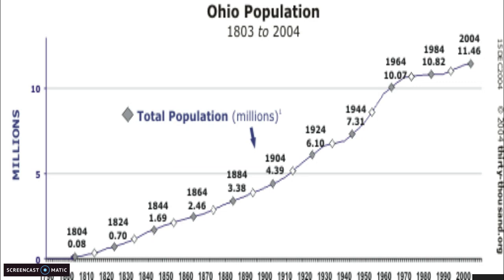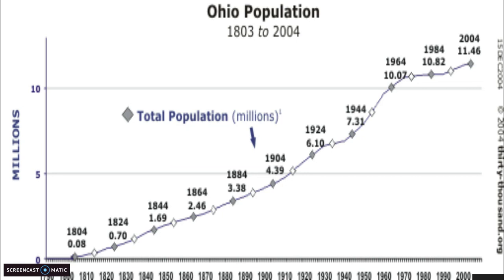Ohio became a state in 1803, and by 1840, Ohio became the third largest state with over 1.5 million people.